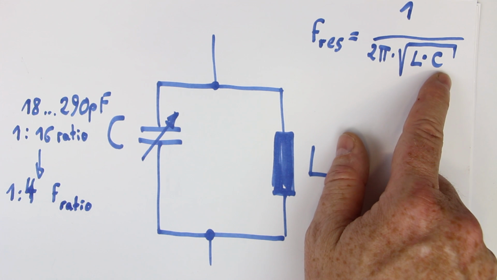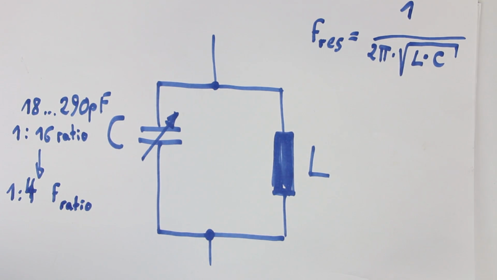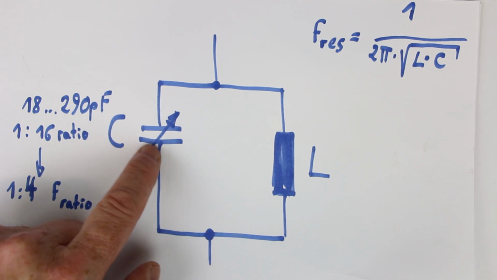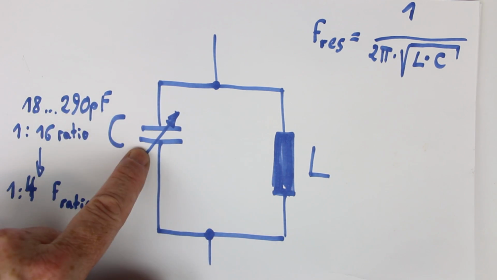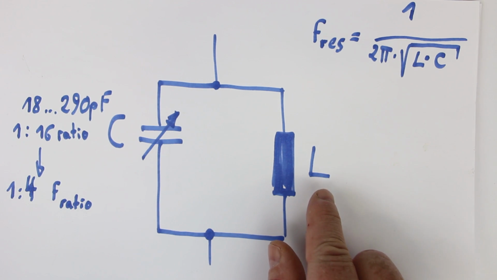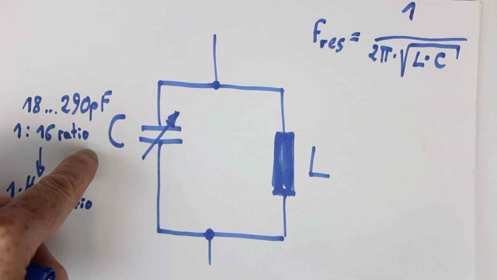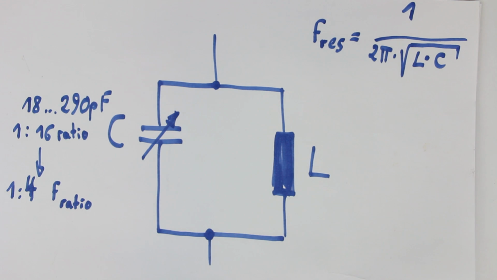Now, when we take the AM band, we can simply calculate which inductivity we need for our demo capacitor, and whether we can reach the highest and the lowest end of our AM band with a capacitor where you can vary your capacity with a ratio of 1:16. That's the next thing we'll do.